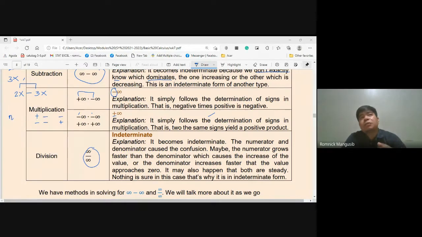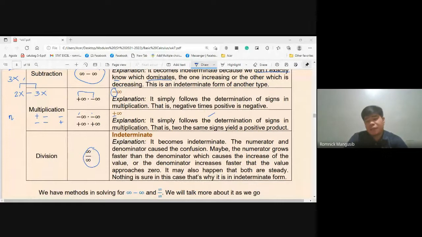Ibig sabihin nito, kung nangyari na mas mabagal ang denominator, palaging magpe-prevail ang numerator. So, you always talk about improper fractions. And that will always increase. When the numerator increases faster than denominator, then the value of that fraction is increasing, no? Infinitely.